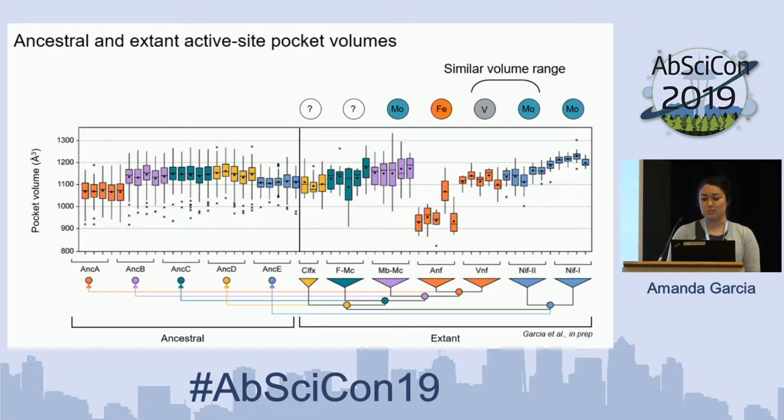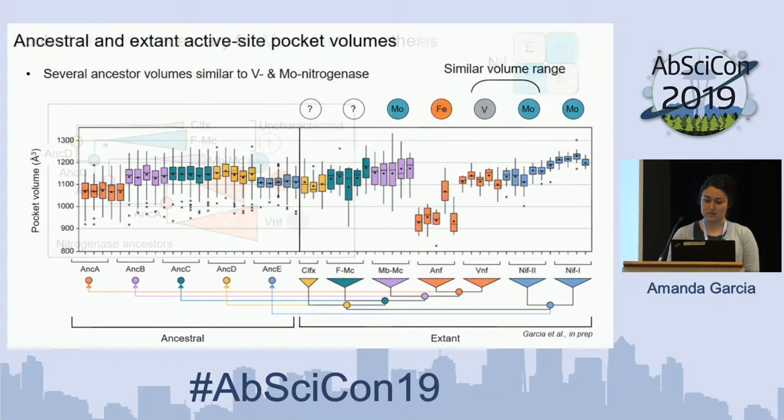In fact, they're so similar and nearly indistinguishable that they're actually more similar to each other than are the two different groups of molybdenum nitrogenases. Also problematically, it seems like a lot of our ancestors also occupy the same range, and so in contrast to the previous study, we don't seem to see any way to use this information to infer metal usage, particularly with regard to our ancestors.